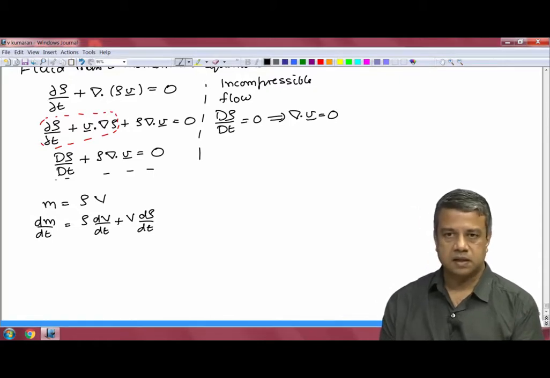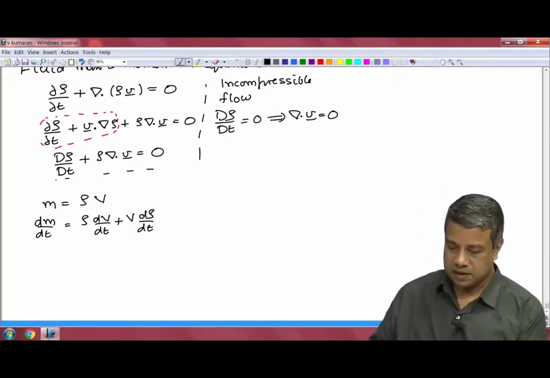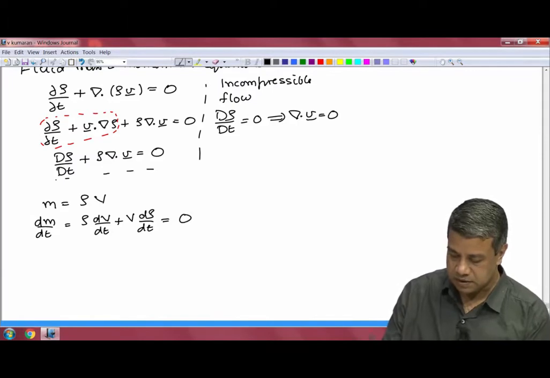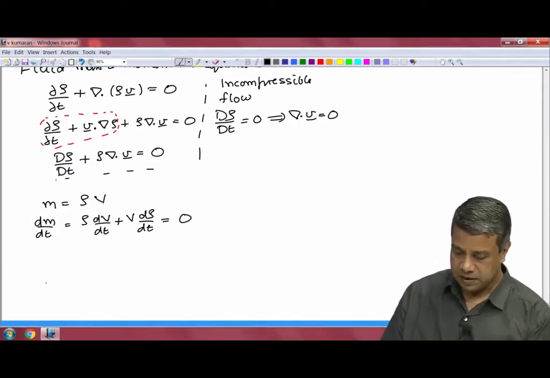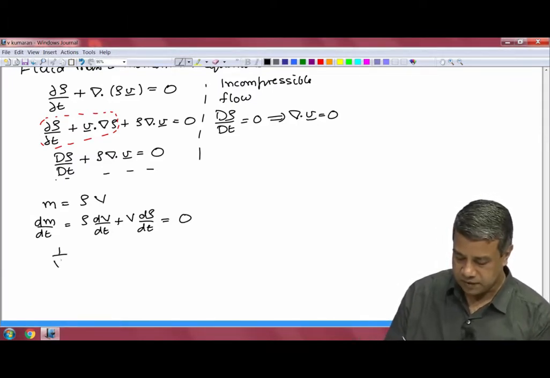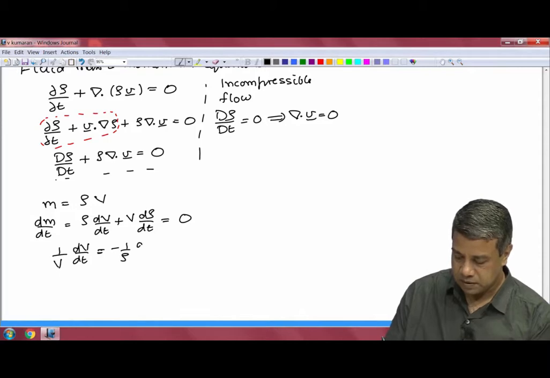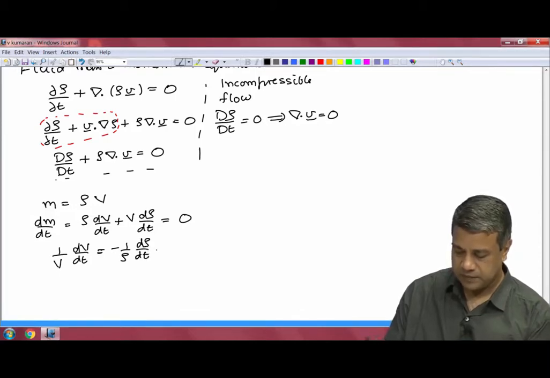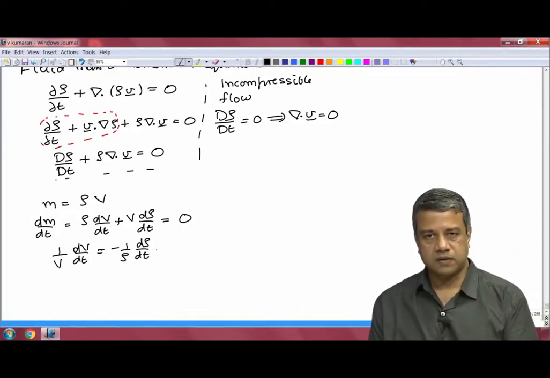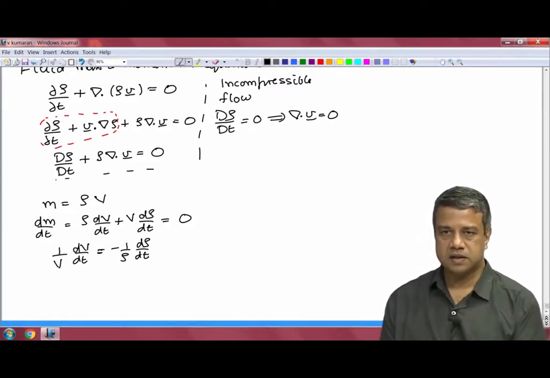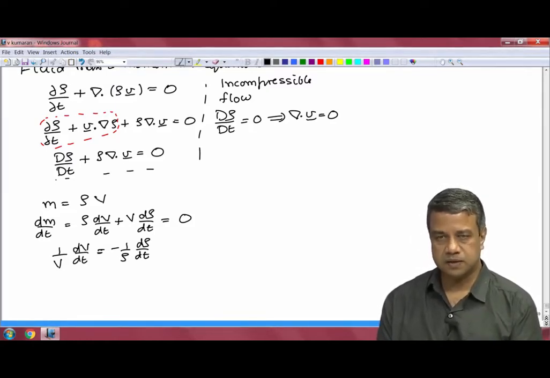And since mass cannot be created or destroyed, this has to be equal to 0. From that you will find that 1 over v dv by dt is equal to minus 1 over rho d rho by dt. So minus 1 over rho d rho by dt is the rate of volumetric expansion or compression.